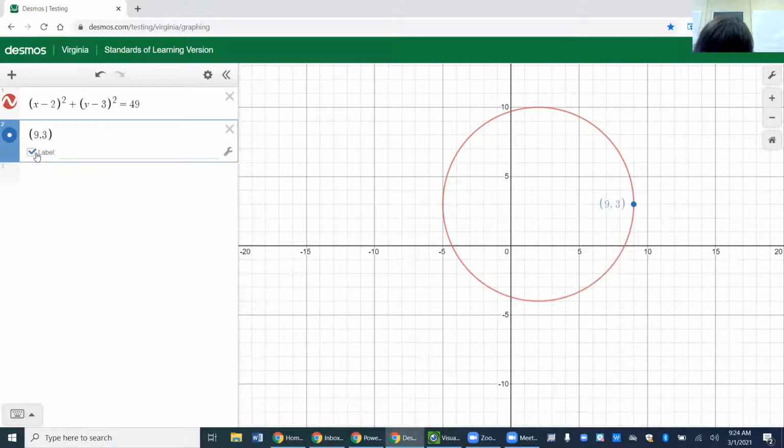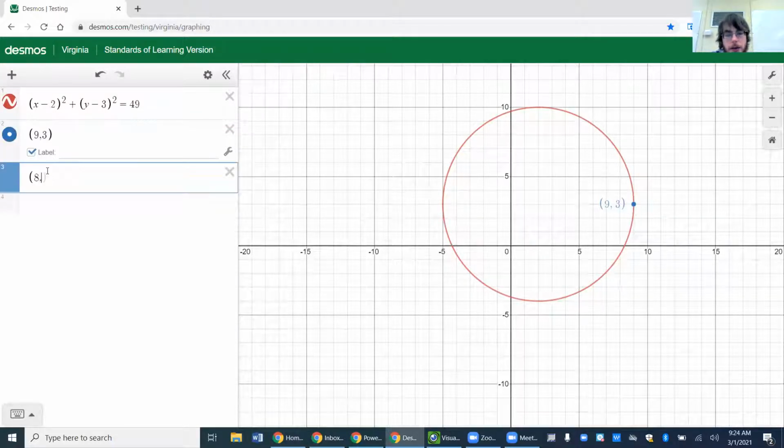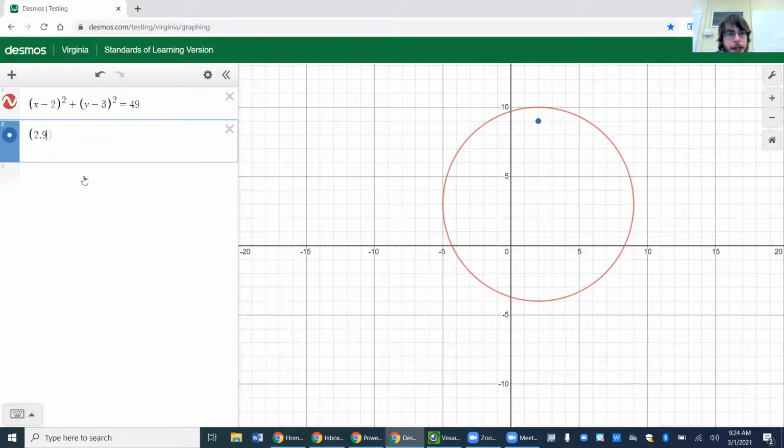So A is likely our answer. We'll go on through and we'll see (8, 4). (8, 4) isn't on there. You can see that green dot there, (8, 4). (2, 9) isn't on there. And (2, -6) is also not on the circle. So our answer would be A.